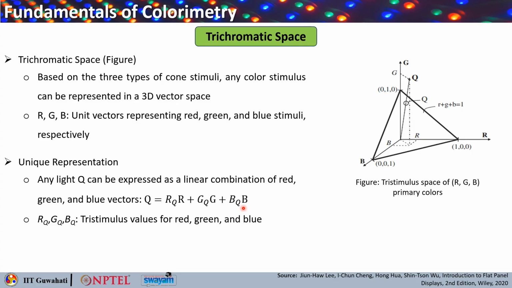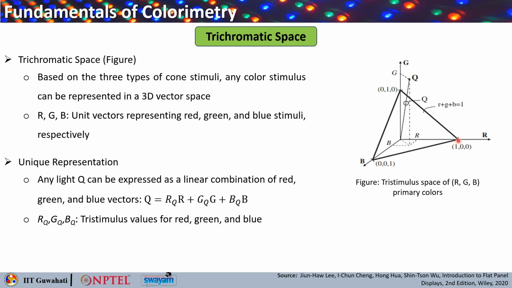You have 3 different components for each basis vector that sum up and give you the actual vector. These 3 are the tri-stimulus values for red, green and blue. This is how you represent any color in this trichromatic space.